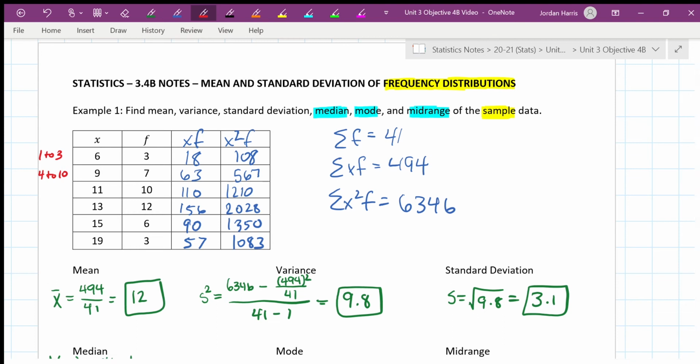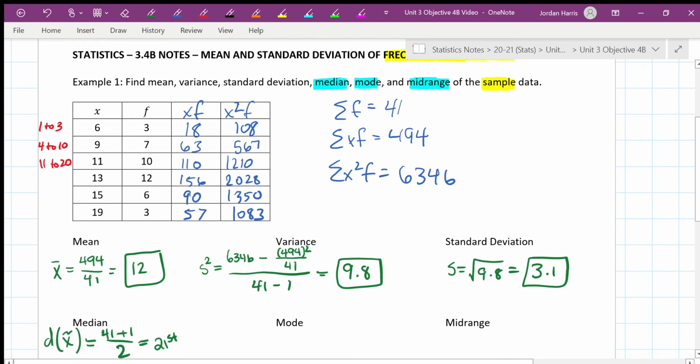In our list, the first 3, 1, 2, and 3 are 6s. 4 all the way up to the 10th number are 9s. The next numbers, we have 11 to 20. Those are all 11s. The next numbers, we have 12, 13. So that's 21 to 32.